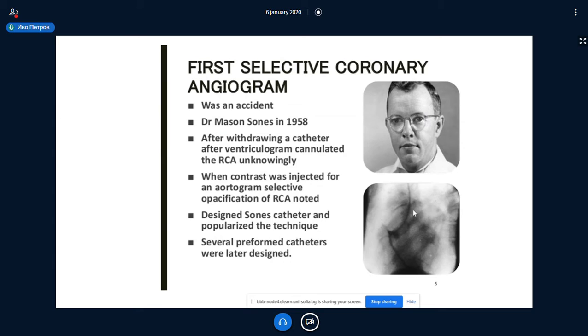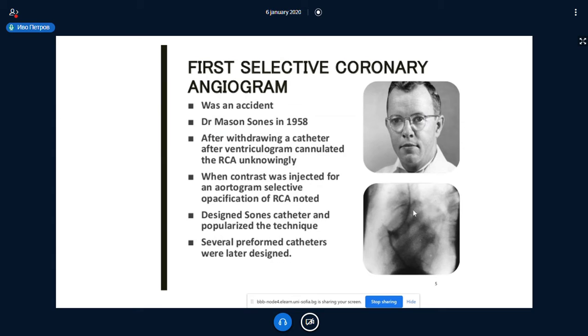In this episode, the Sones brachial catheter entered by chance the coronary artery, in this situation the right coronary artery, and the contrast was injected selectively into the right coronary artery.